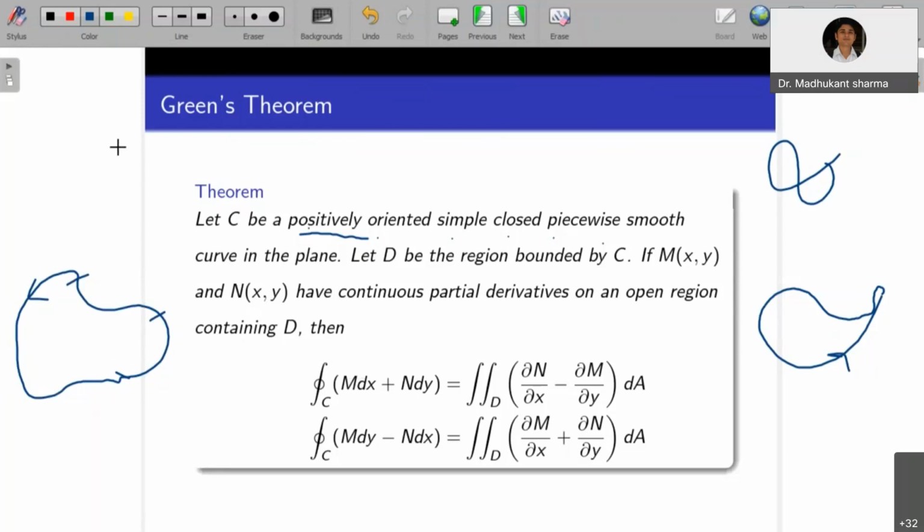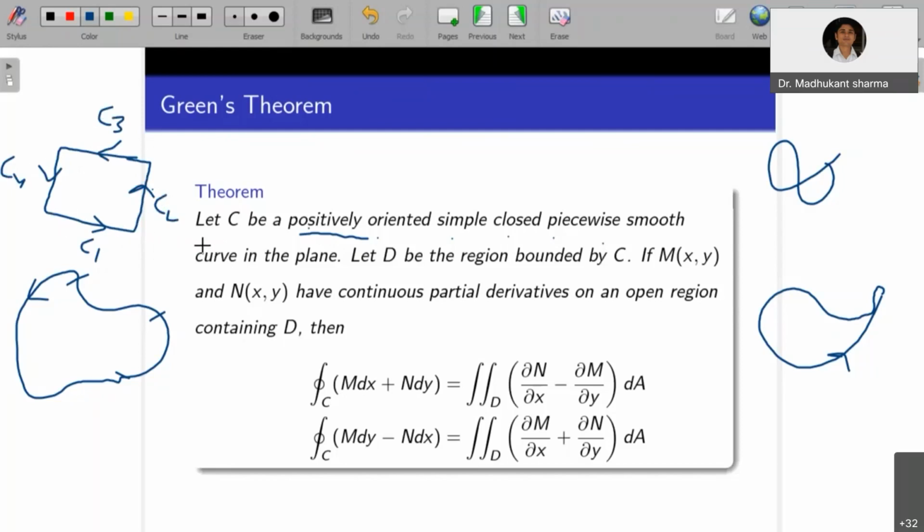For example, you have a rectangle with sides C1, C2, C3, C4.